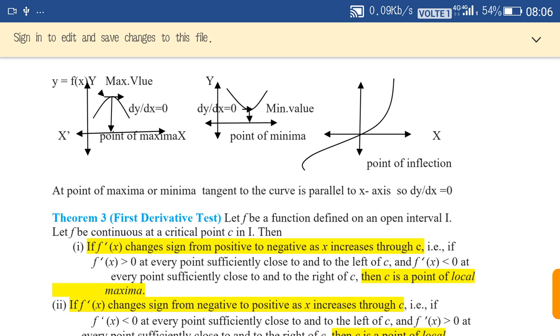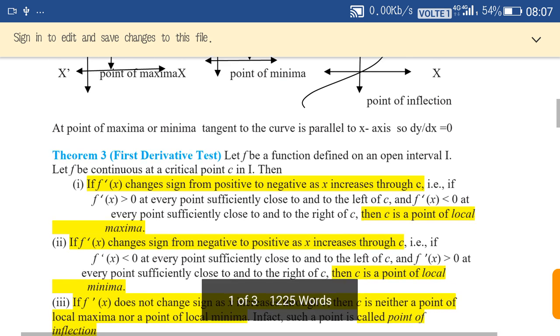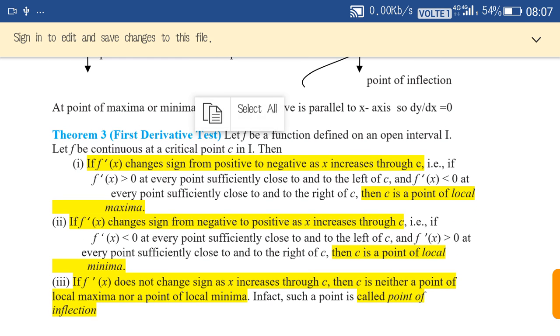And in case of the point of minima, we see that before the point of minima the function is decreasing, and after the point of minima the function is increasing. So we take this concept here, and that is called the first derivative test for checking maxima and minima.